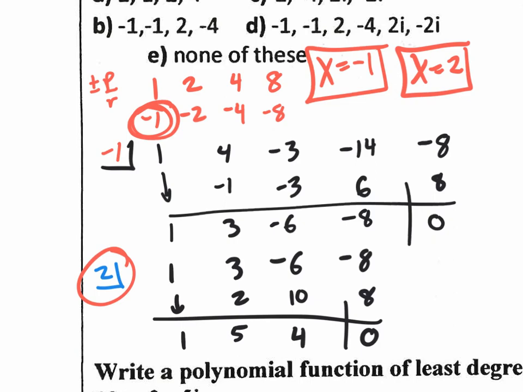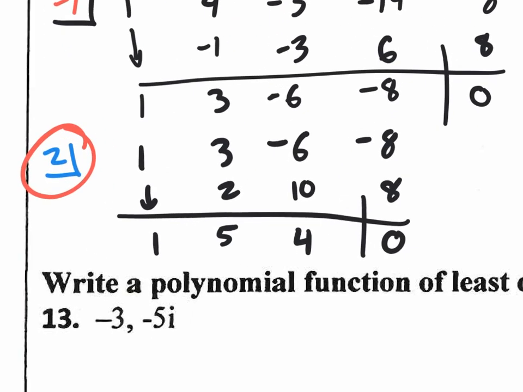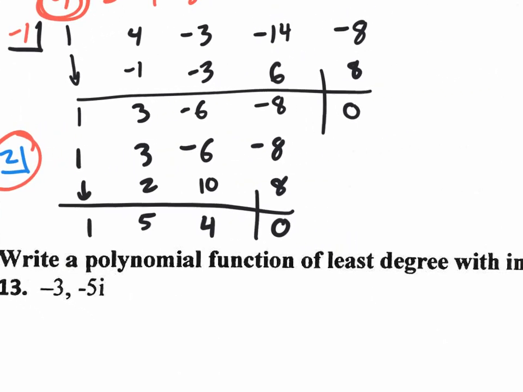Now, I could continue to plug in -4 and see if it works. However, down here, I have a quadratic trinomial. And whenever I have a quadratic trinomial, I want to write it out because I know I could factor, split, and solve, or at the very least, I could use the quadratic formula.